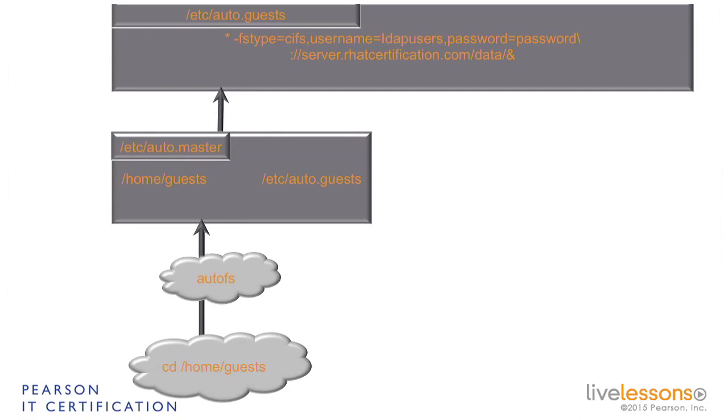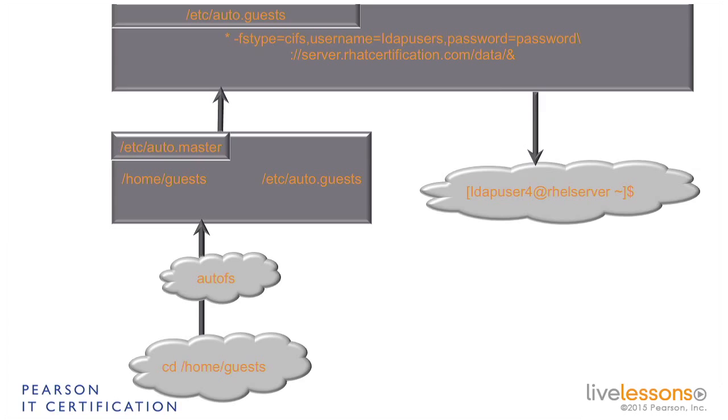And that would create the mount for the LDAP user coming from the server that is on the internet. And the result is that on login the LDAP user will go to his home directory.